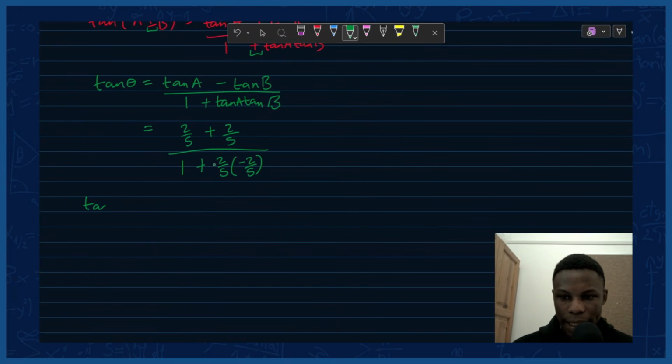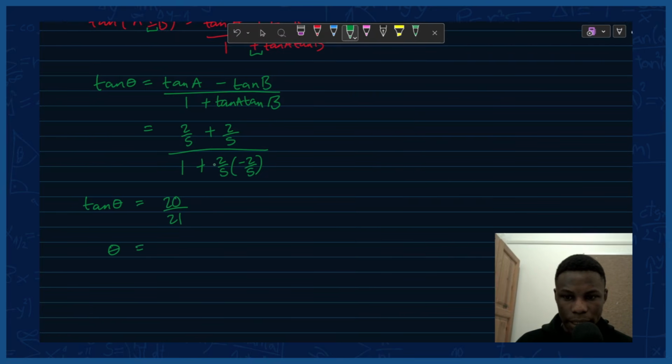And so this means tan theta is equal to, let's punch this into the calculator, 2 over 5 plus 2 over 5 divided by 1 plus 2 over 5 times negative 2 over 5, which is 20 over 21.